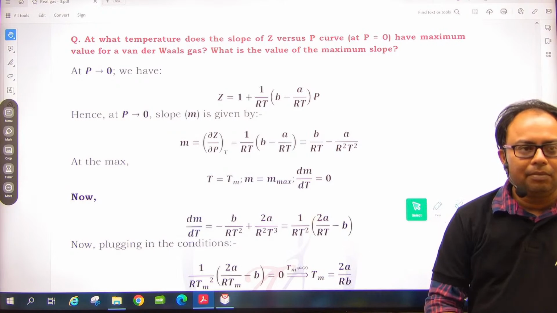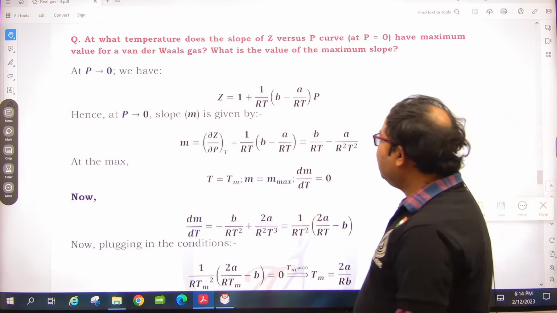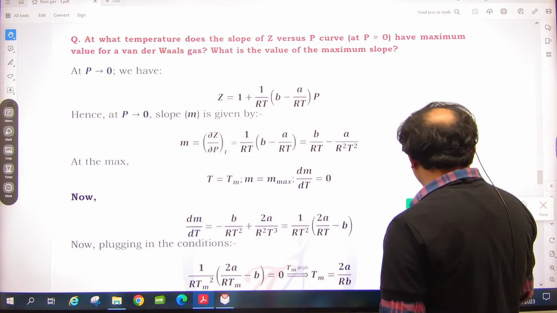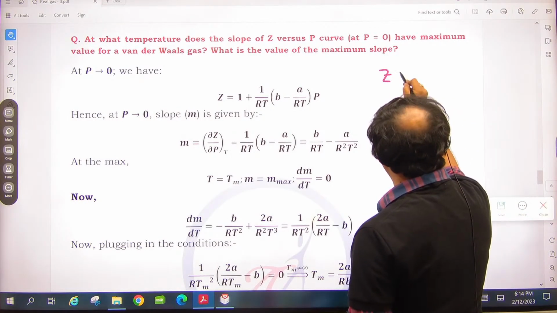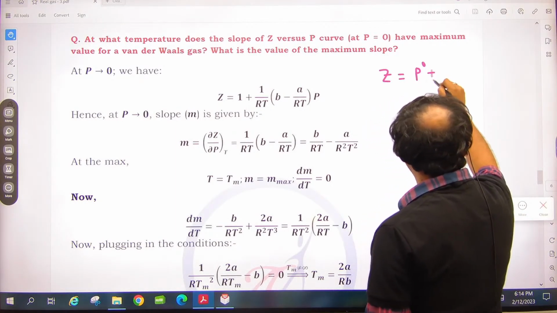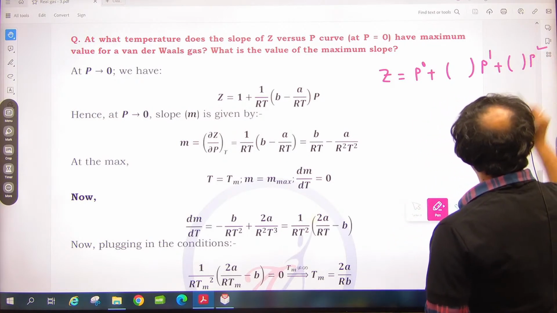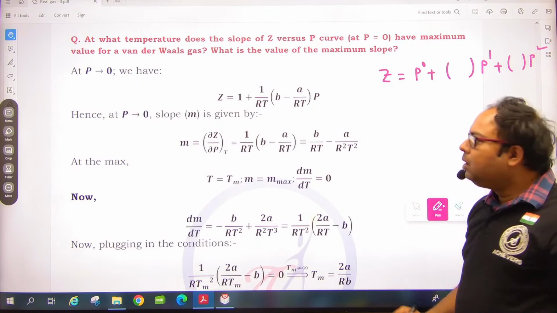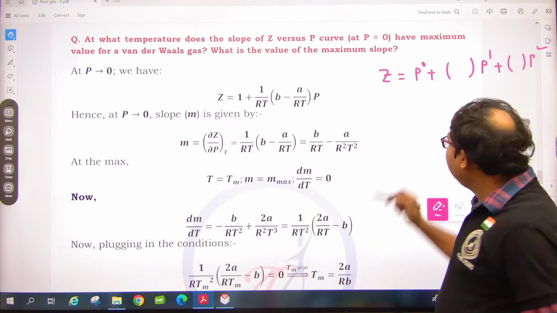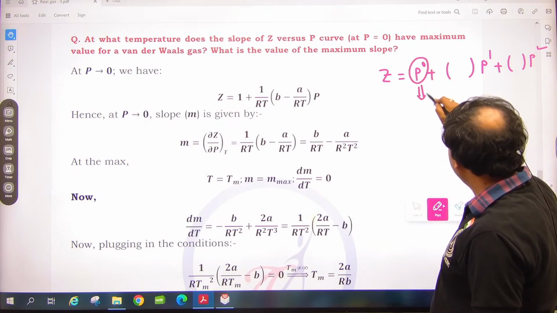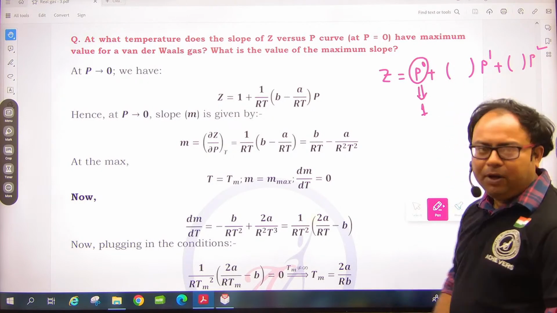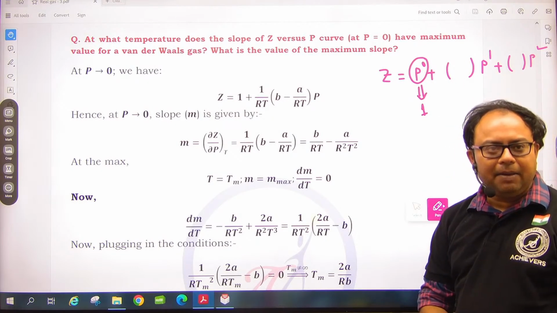Students, we have already expressed Z in the power series of P. Z equals P to the power 0, the first term was 1, plus something multiplied by P to the power 1, plus something multiplied by P to the power 2.